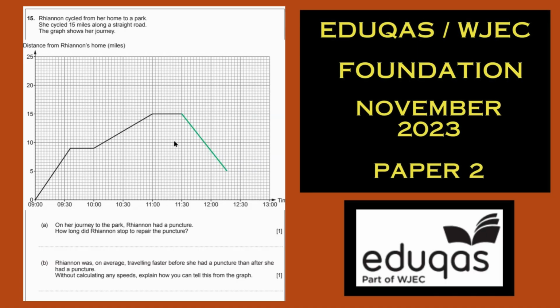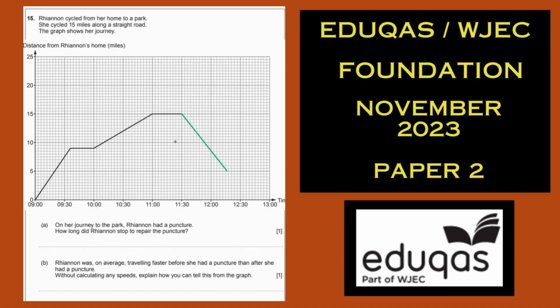For number 15, I've cheated, as you can see that green line's already on there, because again, I don't trust myself with technology. Always bound to end up in tears. You've got Rhiannon cycling home, you've got your old distance and time graph. Now the main thing is, you've got time horizontally.